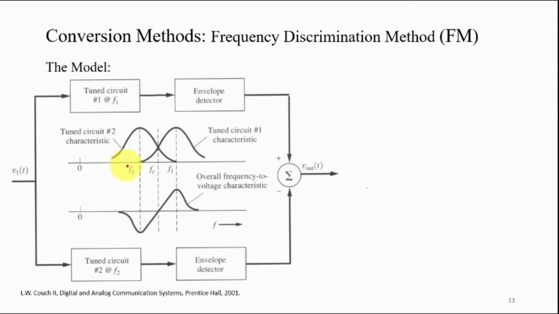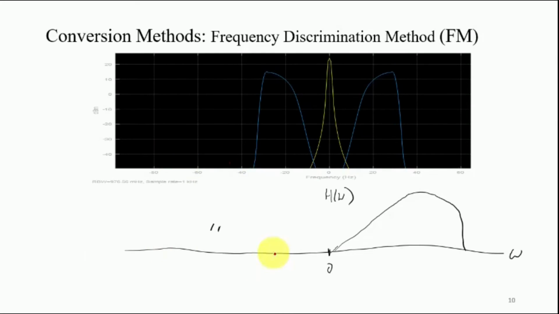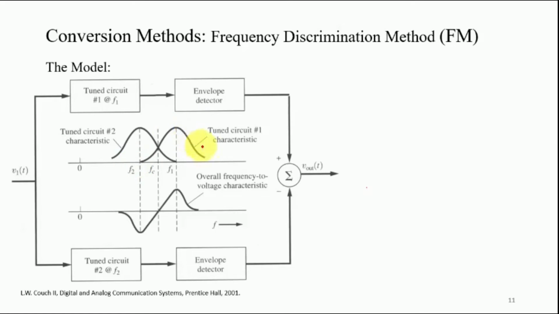Next, we need to get a slope which is linear, as mentioned previously. We need this linear slope which is quite extended. If you invert this and subtract it from the inversion, eventually you will get this plot, right?